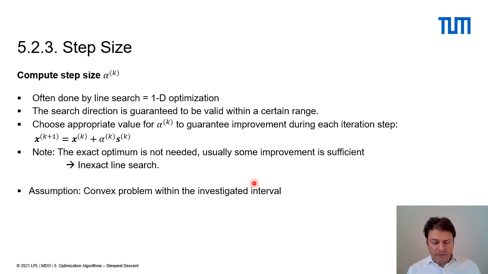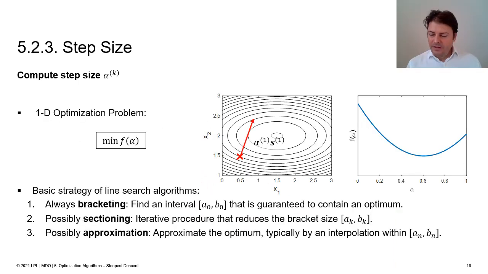The methods that we're going to show are also based on the assumption that our 1D optimization problem to determine the optimal step size is a convex problem within an interval that is to be specified. You can think of what we're currently doing as this optimization problem. So we're trying to minimize the objective function with respect to the step size alpha.